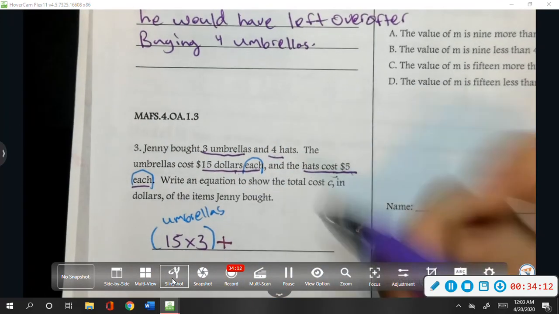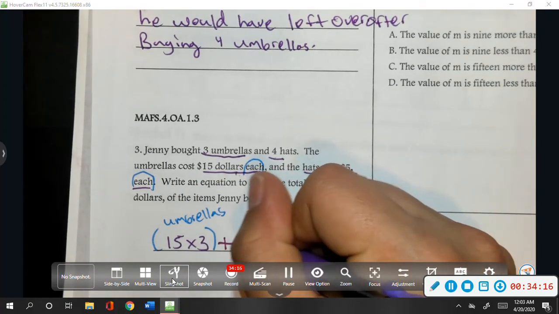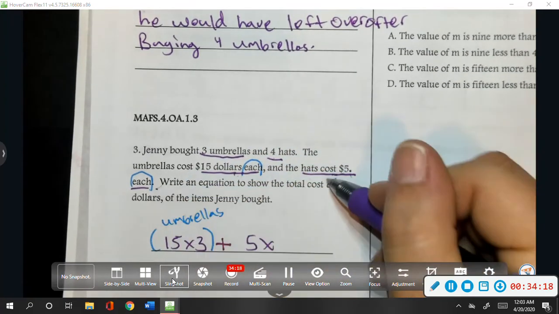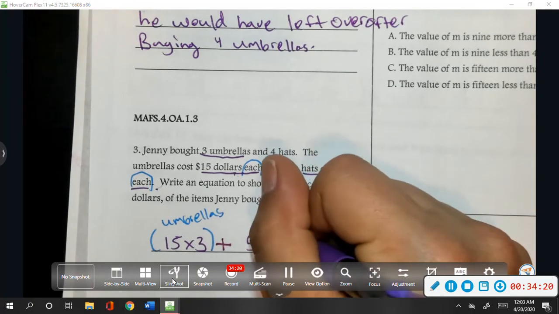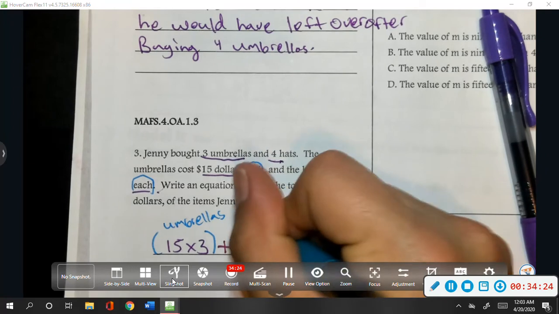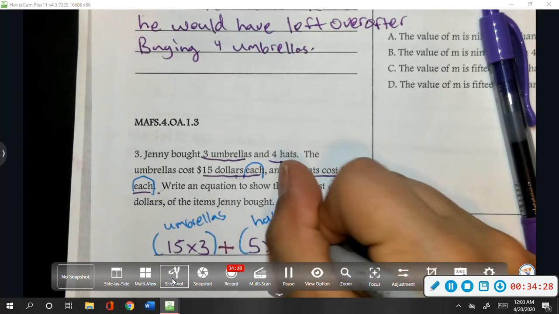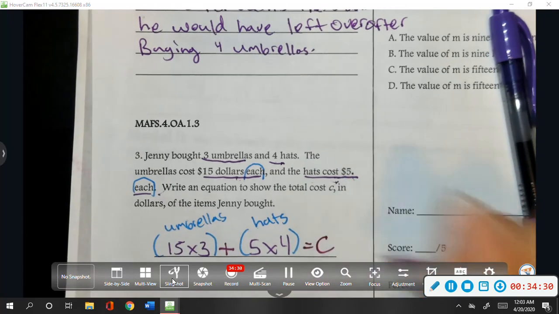And then the hats are going to cost $5 each. So 5 times, and how many hats did he get? He got 4 hats. And when we add all that up together, we will have the cost.